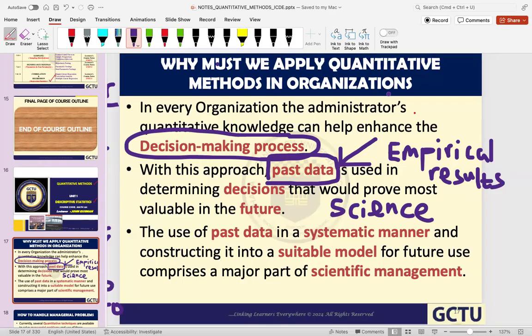As a result, most organizations apply quantitative methods in order to be able to have informed decisions, not ad hoc, informed decisions, because they have evidence or they have empirical results.